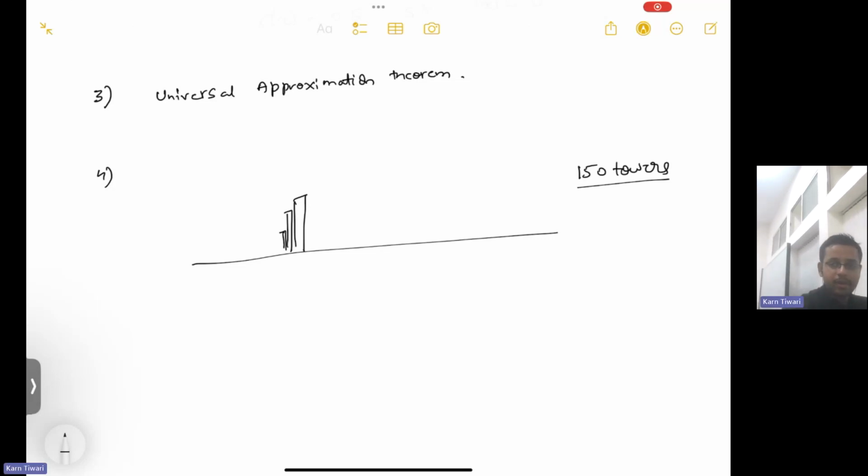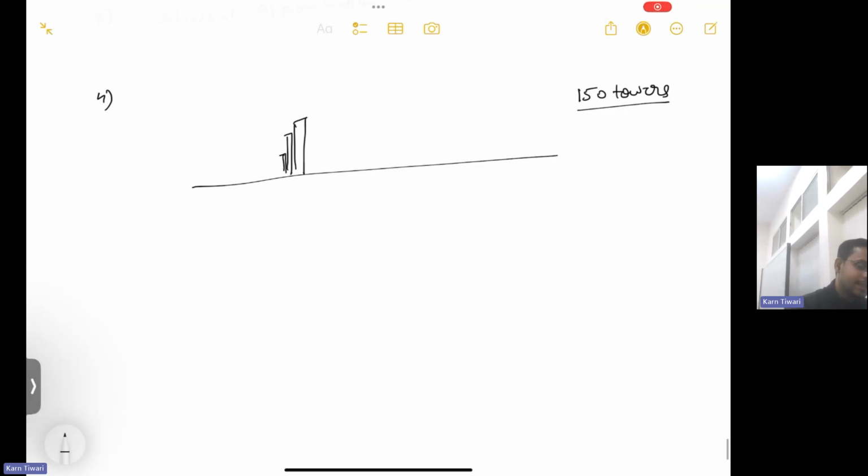You got the question. We want to approximate 150 towers in 1D. How many neurons are needed? The answer is that any tower can be approximated using the difference of these two functions.